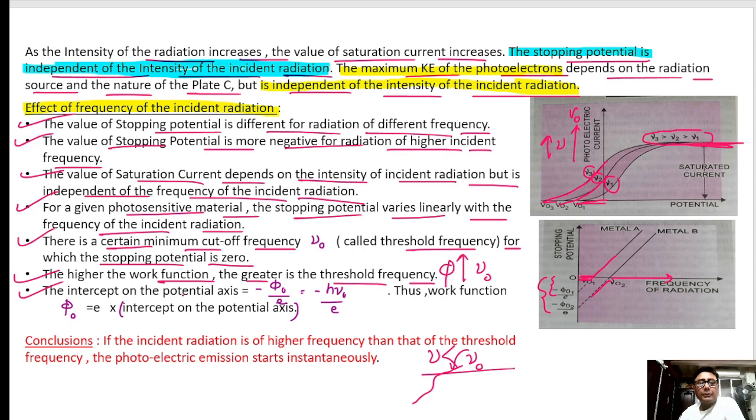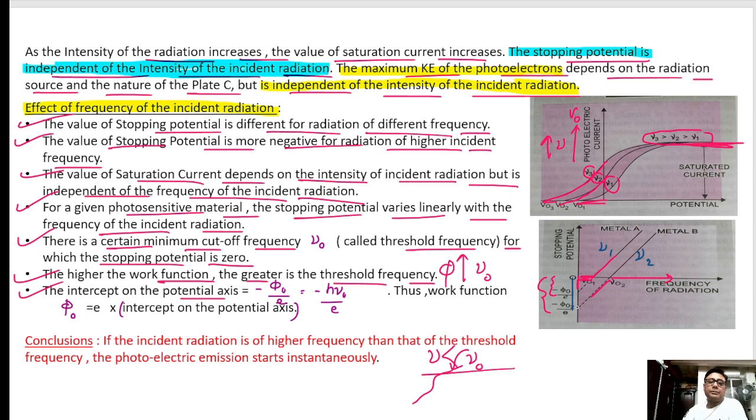The intercept on the potential axis, as you can see, this is the intercept, and this is another intercept. This is the intercept for the frequency nu1, and for the frequency nu2, this is the intercept.